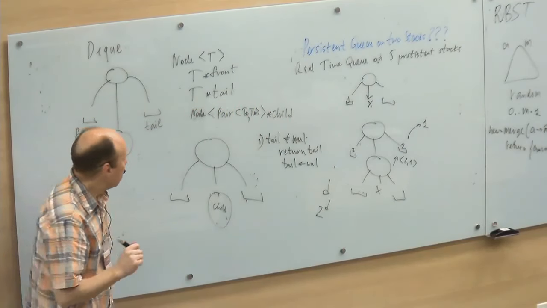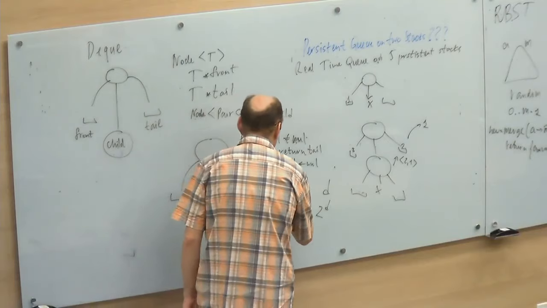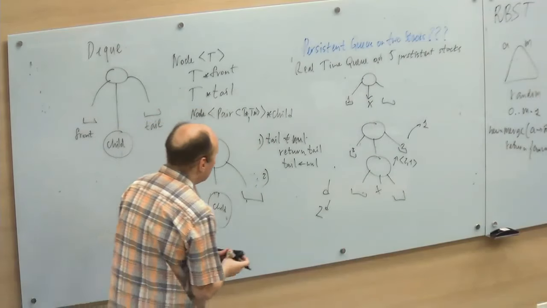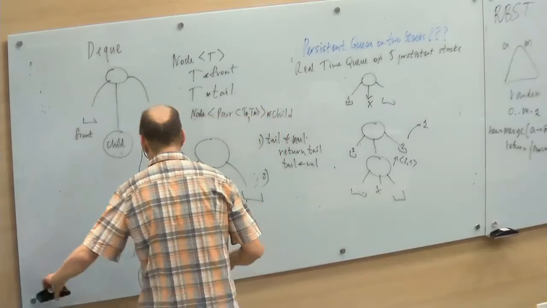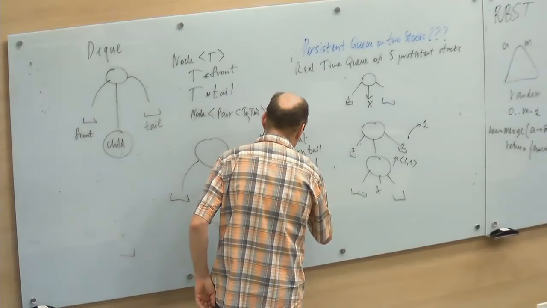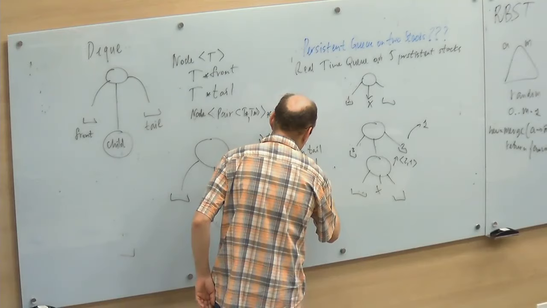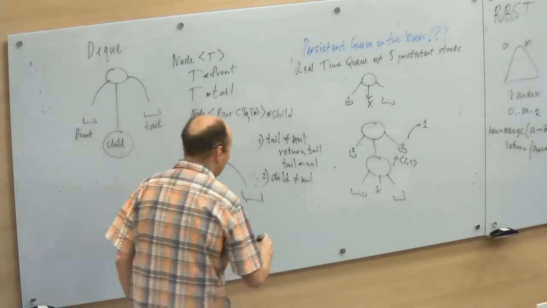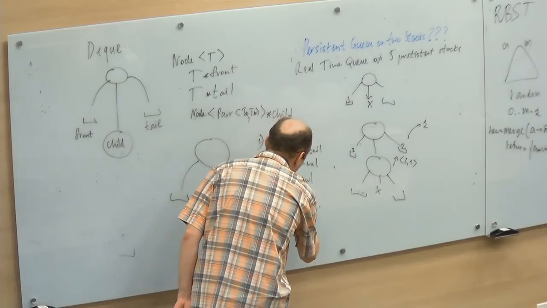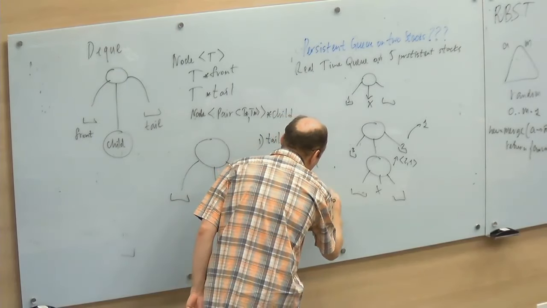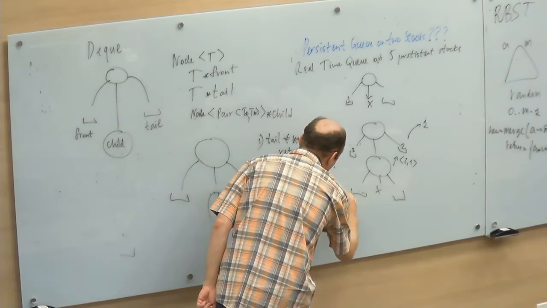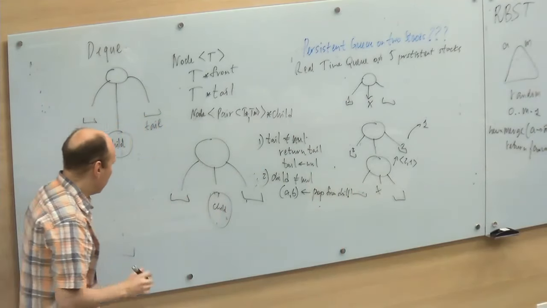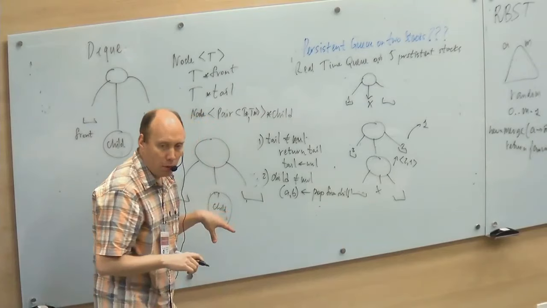It's okay. Now, second variant: if tail is empty, then check your child. If child is not empty, then we pop from the child. So we have a pair A, B popped from the child. Why do we pop a pair?